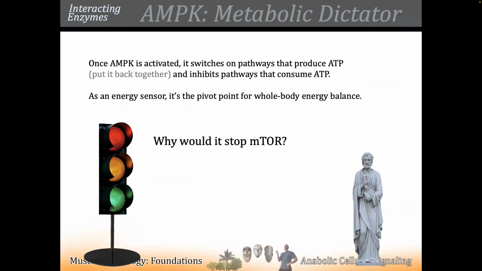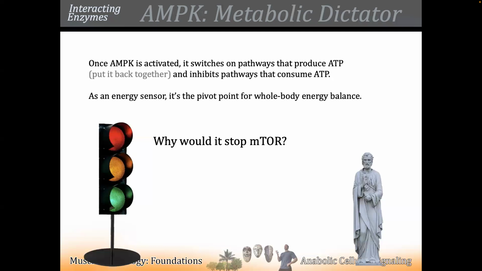So that sounds like really nice effects of AMPK. But why would it block mTOR activity? Well, because mTOR is super expensive. And AMPK is trying to budget your metabolism responsibly. And part of that is turning on ATP synthesis. So, let's burn fat, let's burn carbs, let's build up a bunch of ATP by burning energy substrates.